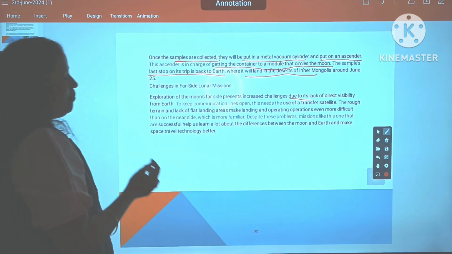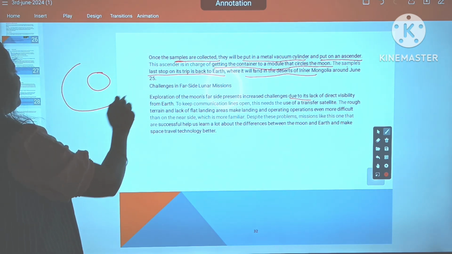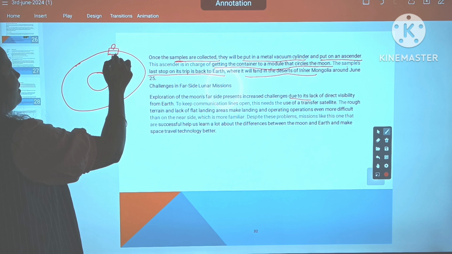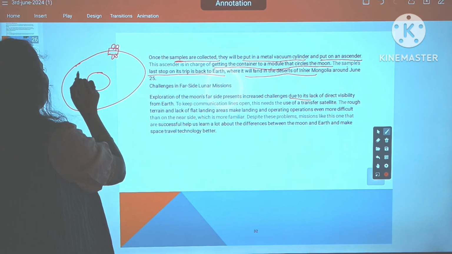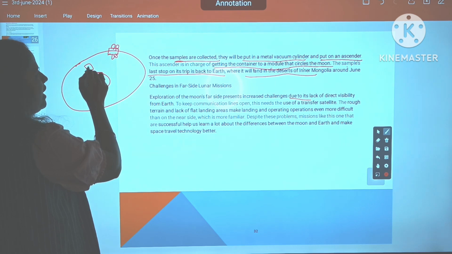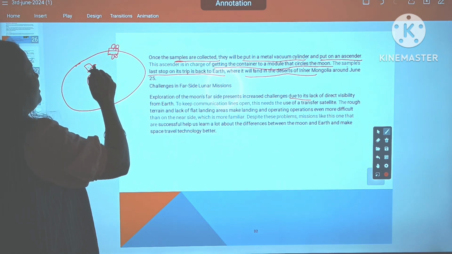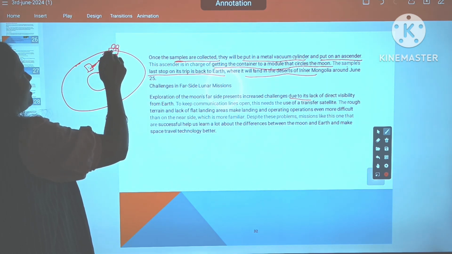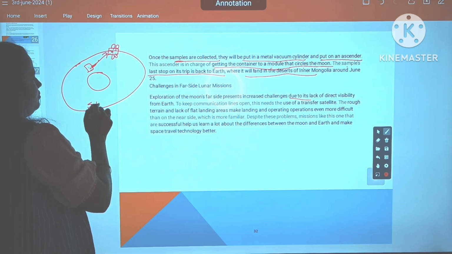Means one satellite, suppose this is the moon. One Chinese satellite is orbiting here. So what it will do, one metal vacuum cylinder, the dirt is collected. It will be kept in an ascender. Ascender means like a rolling thing. So from there the material will be sent to a satellite, which is going to land on Earth soon.